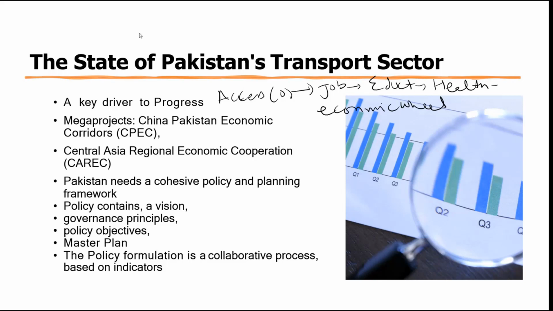So transportation is the key driver through which we can access different places, and we can also call it the economic wheel as well, because what will happen if the wheel is stagnant? We might not be able to move anywhere. So I am going to follow the Pakistan National Transport Policy for the year 2018.